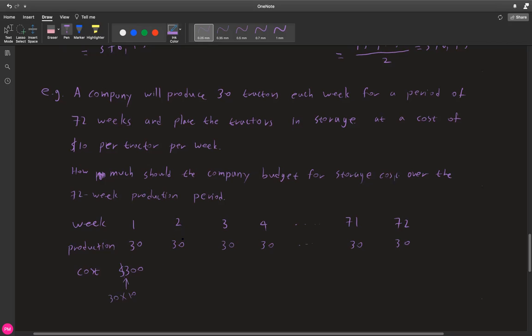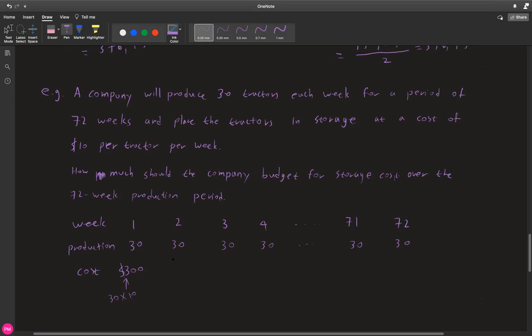On the second week, by now we have 60 tractors, and you can simply see that by 2 multiplied by 30, and that's 60. And on the third week, we have 3 multiplied by 30, which is 90. So that's why I created it this way.